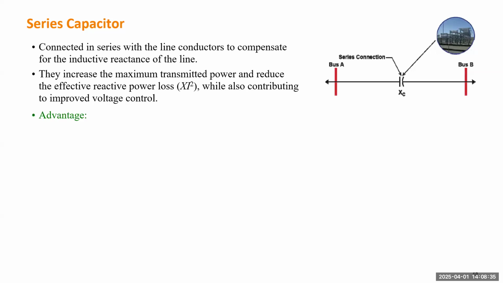Remember the formula, P is equal to E_S E_R over X times sine delta. This is the active power delivered. If you add a capacitor, it makes the total reactance smaller. Then P will increase, even if the angle is the same. So the advantage is self-regulating, because the reactive power depends on the current, not the voltage.